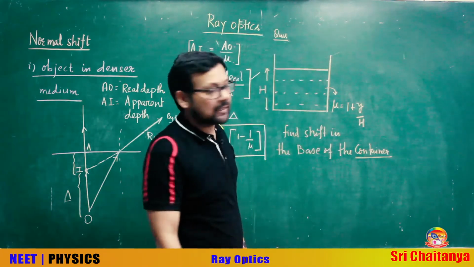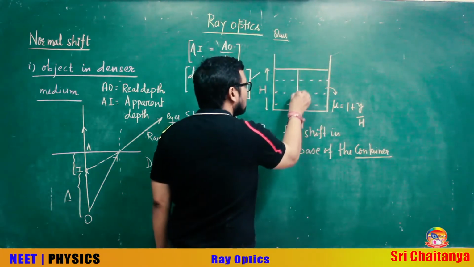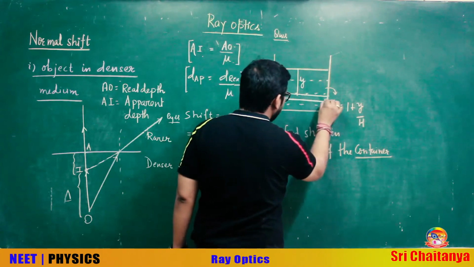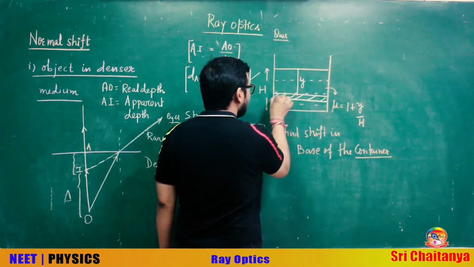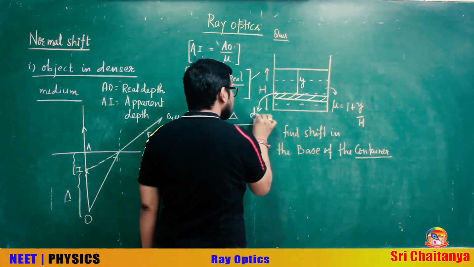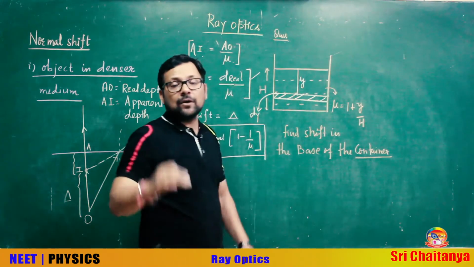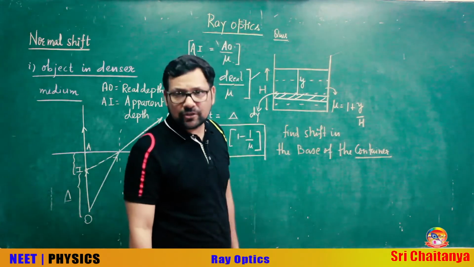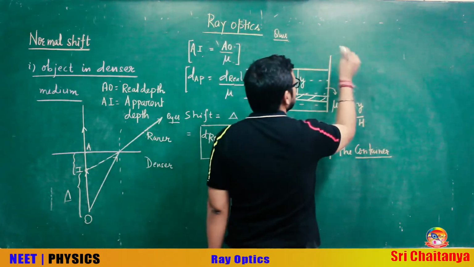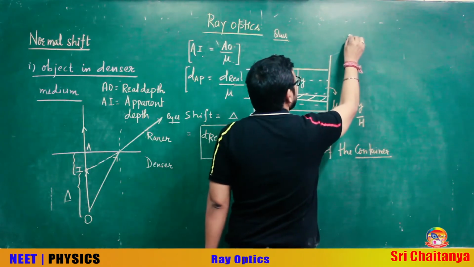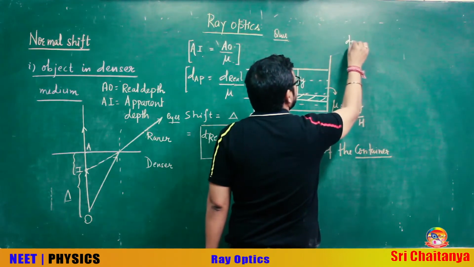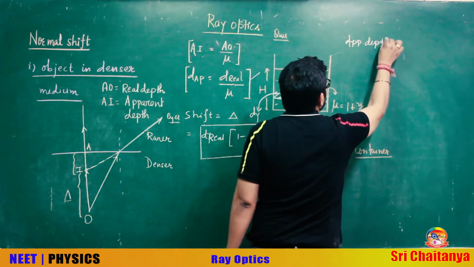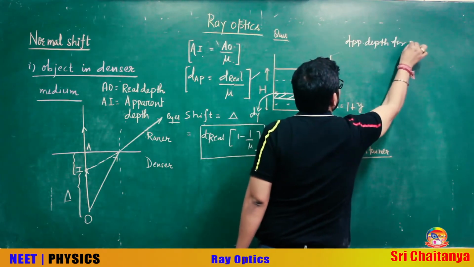See how to solve this. Consider a very small layer at a depth y. Now this small layer, which is obviously dy, is our object now, and for dy we are going to calculate the shift. So what is the apparent depth for dy?